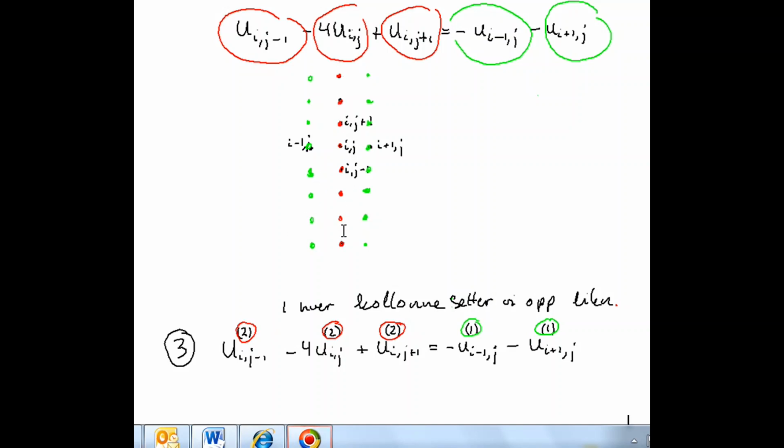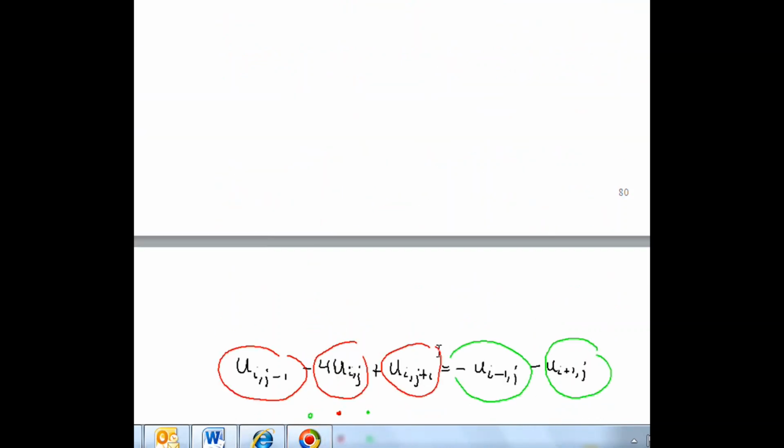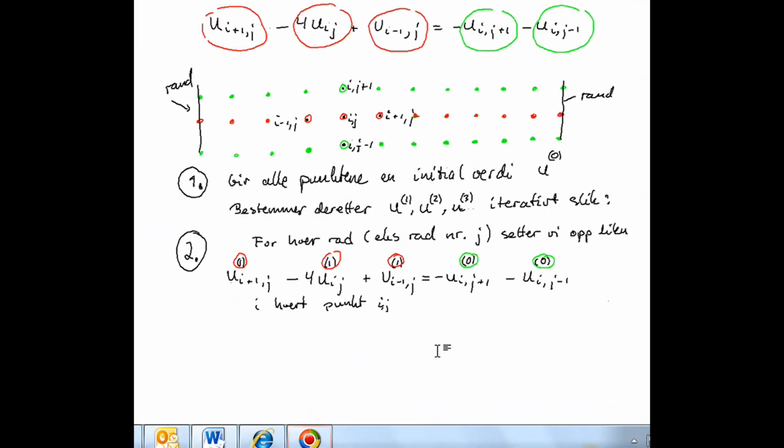We get one such equation for each interior point here, and when we have solved the system of these equations for all such columns, we go back and do exactly the same as we did in the first round.